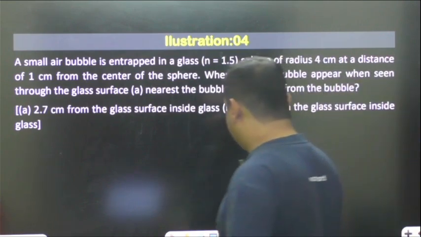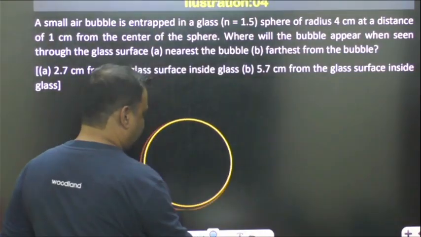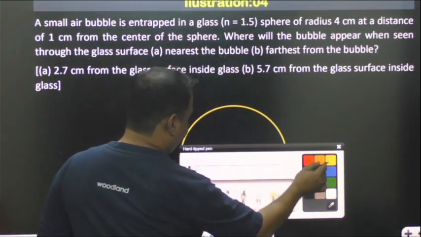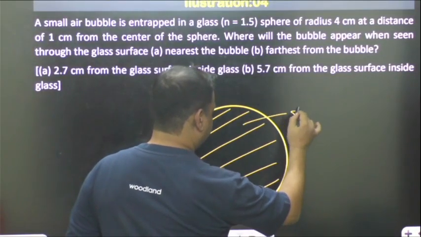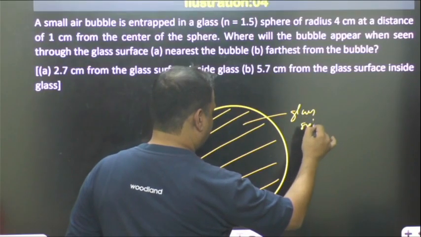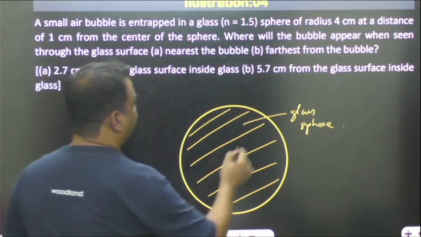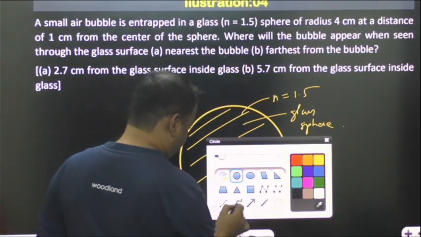Okay, see. So we have a situation something like this. There is a glass sphere. You are given the radius of the sphere and the refractive index is 1.5.